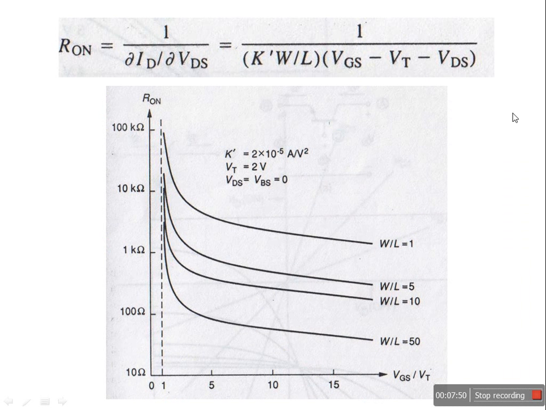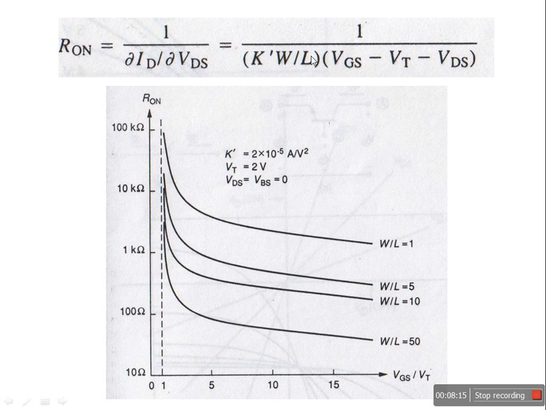From the equation also we can say if this term is large, definitely R on will be less, and if VDS is small, this term will again be large, again decreasing the on resistance.